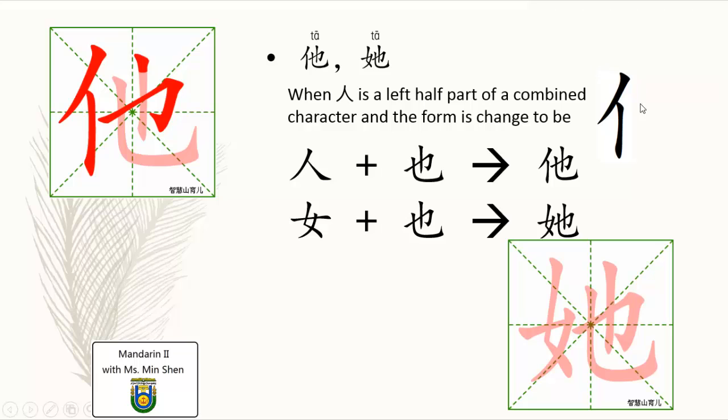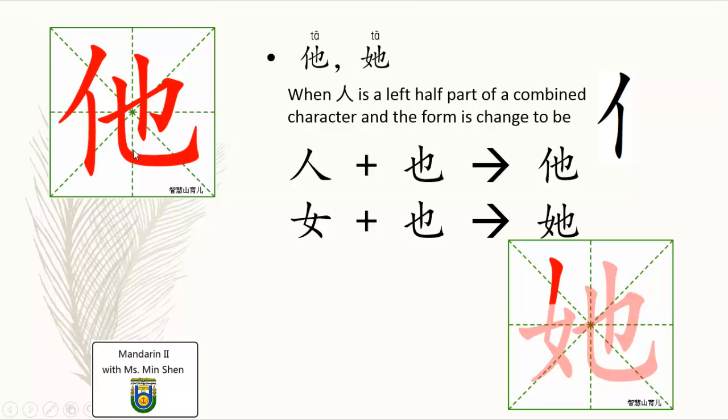And pay attention, if 人 is in a combined character, and we want to borrow the meaning of person, human being, especially at the left hand side, the form somehow changes to be this one. 撇 is still there, but 捺 is no longer 捺. It becomes 一竖. So 他 for everyone, right?